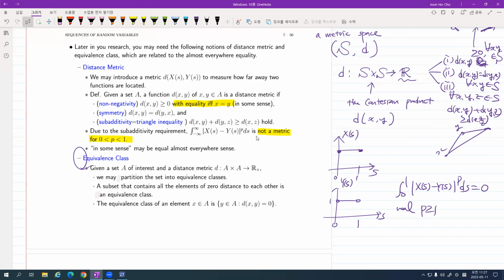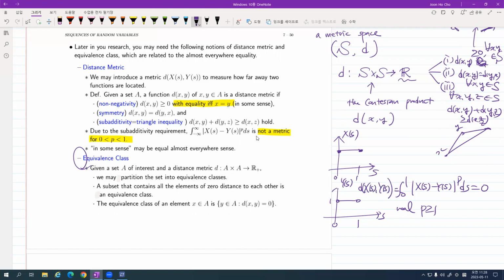And we may define, if this holds, that they are the same, and they are in the equivalent class. And also we may define just this one as the distance metric.